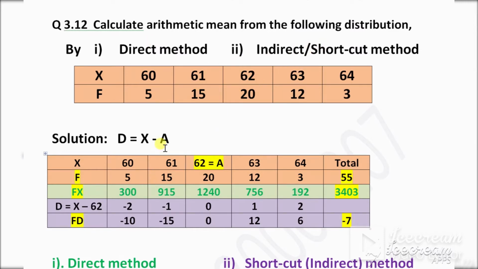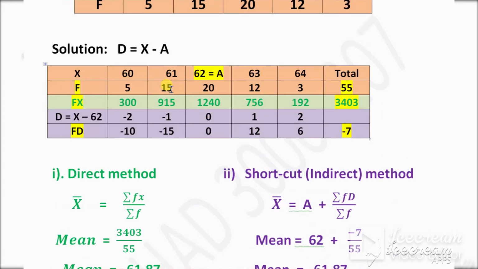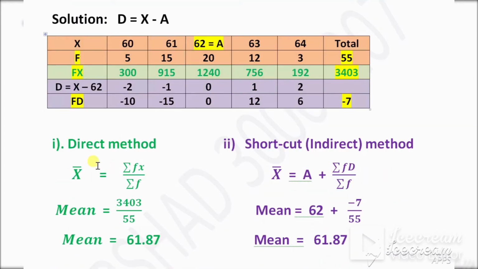So here d is equal to x minus a. First of all, write these numbers as they are. Always write the question's data as it is in the first two columns. So the first two columns, x and f, we write as they are. Now for the direct method, the formula is x bar is equal to summation fx divided by summation f.